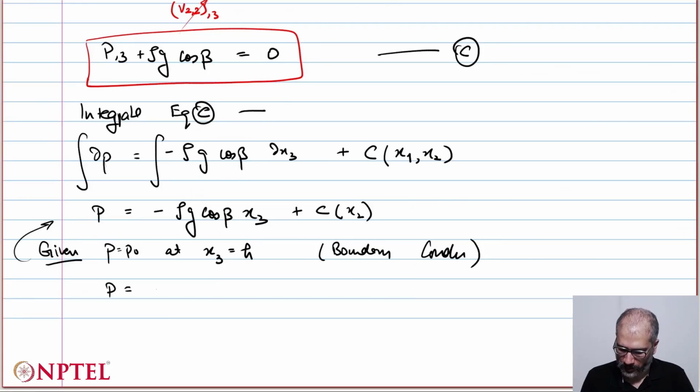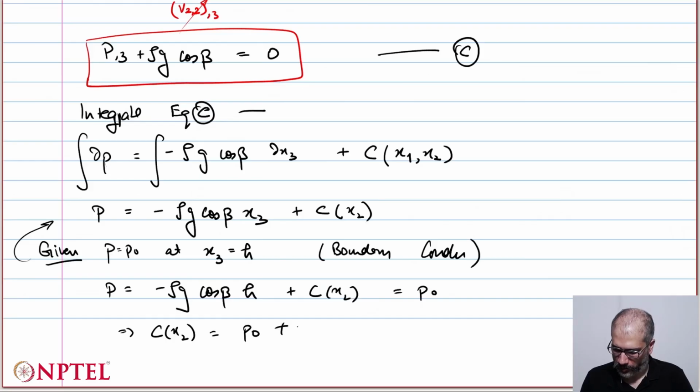So we get P as minus rho g cos beta times h plus C as a function of x2, and this pressure has to be equal to P naught. So this allows us to get C as a function of x2 as P naught plus rho g cos beta h. So actually C is not a function of x2 at all.